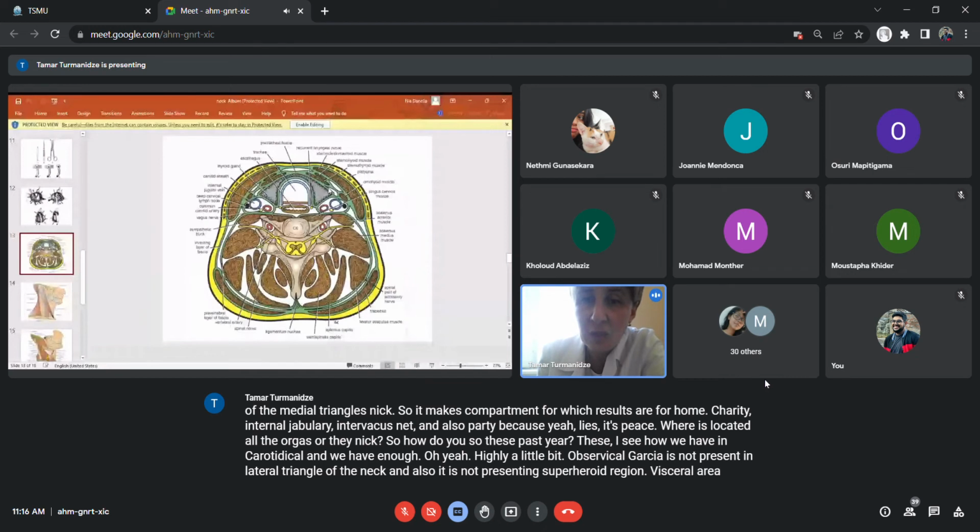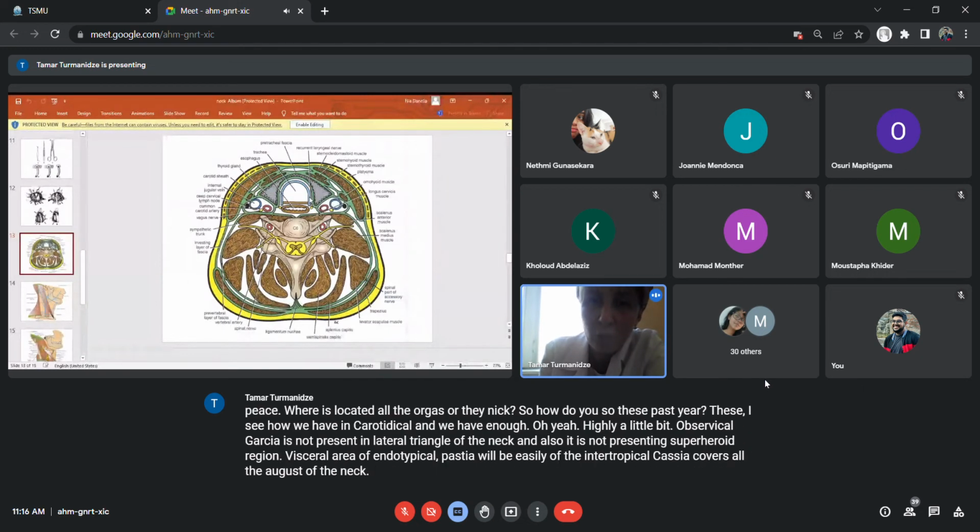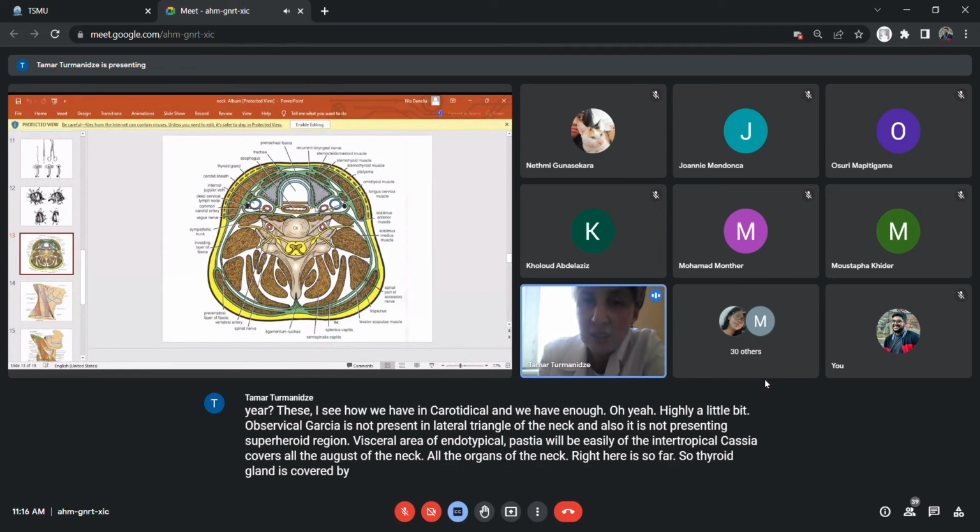The visceral layer of the endocervical fascia will be this layer. The visceral layer of the endocervical fascia covers all the organs of the neck: trachea, esophagus, and thyroid gland are covered by the visceral layer.